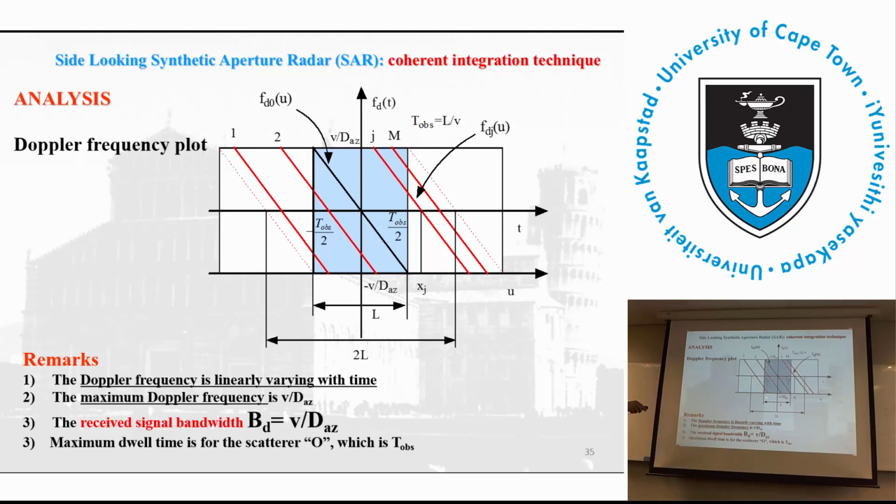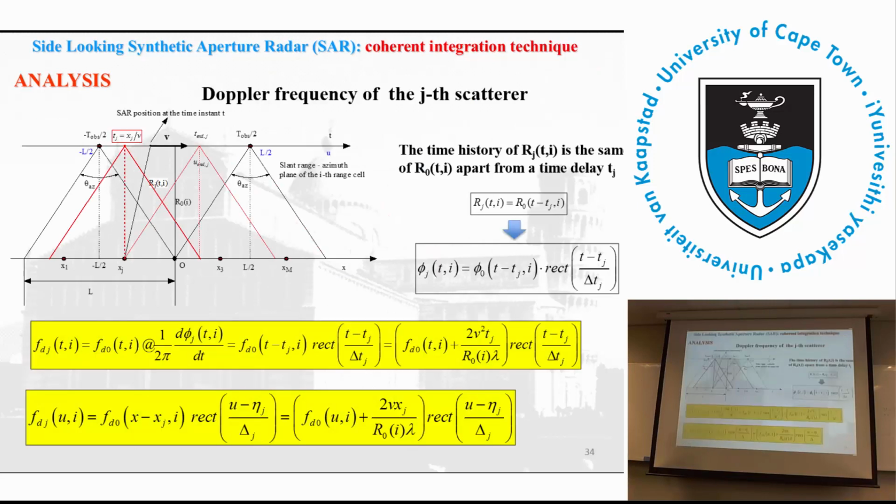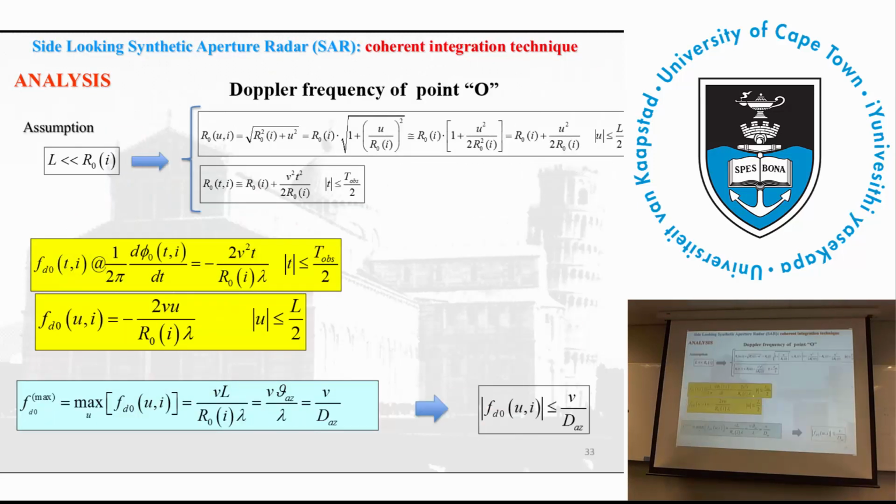So I take this axis here, time and the instantaneous frequency. If I look at the expression of the frequency in time for point O, I can see that this is a minus sign, and these are all positive elements. V squared is positive, R0 is positive, lambda is positive. So I've got a negative here.